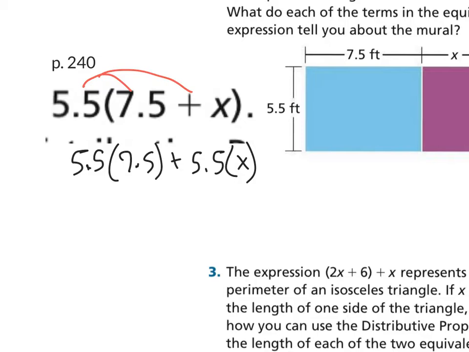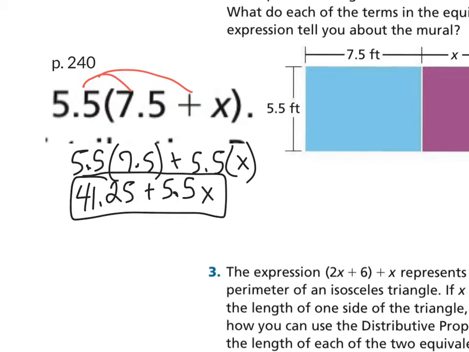And when you multiply the decimals, there is 41 25/100. And then plus 5.5x. So this would be our expanded part.